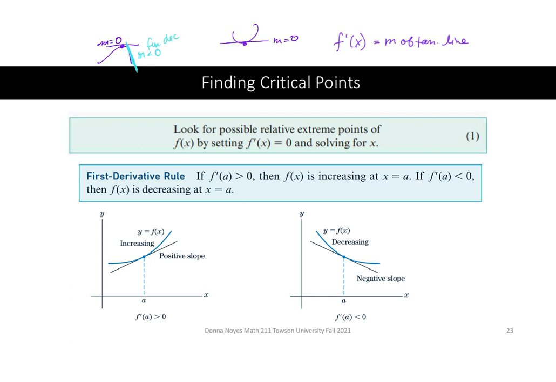The same, if I look on the left-hand side of this one, I have a negative slope, and my function is decreasing again. However, if I switch to the opposite sides here and draw a tangent line, then I have a positive slope and my function is increasing. Likewise over here, I'd have a positive slope and my function is increasing. And that's all this first derivative rule is saying, just with some pictures from the textbook.